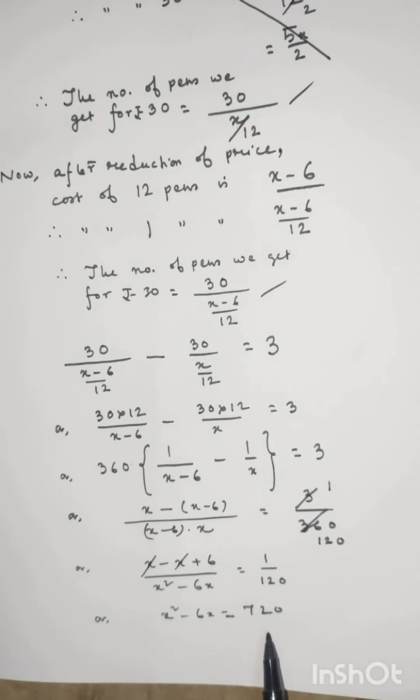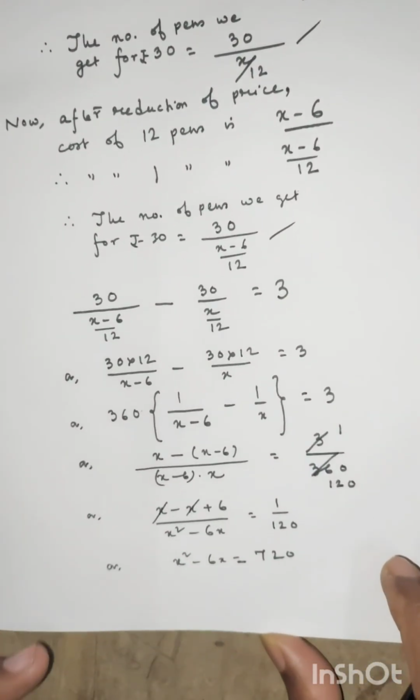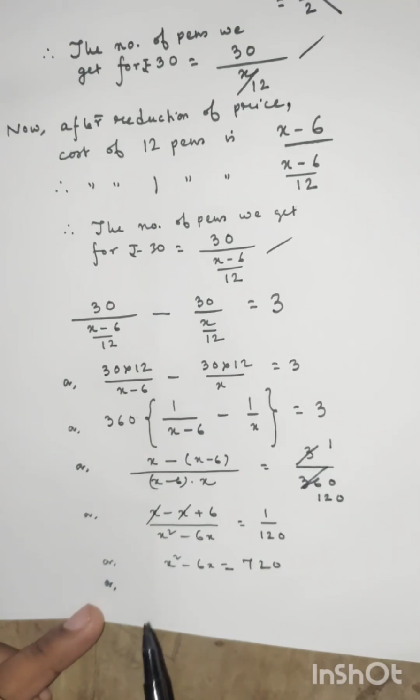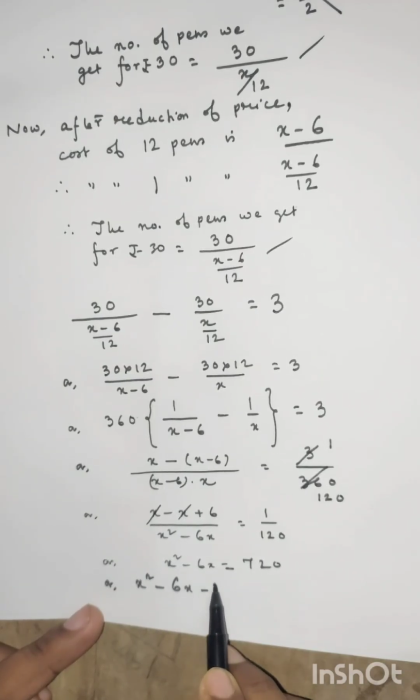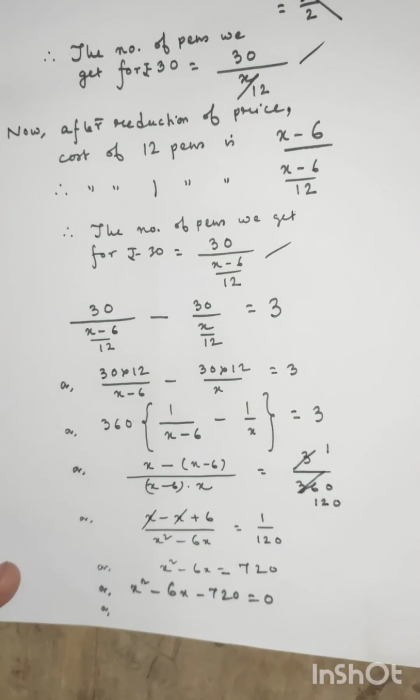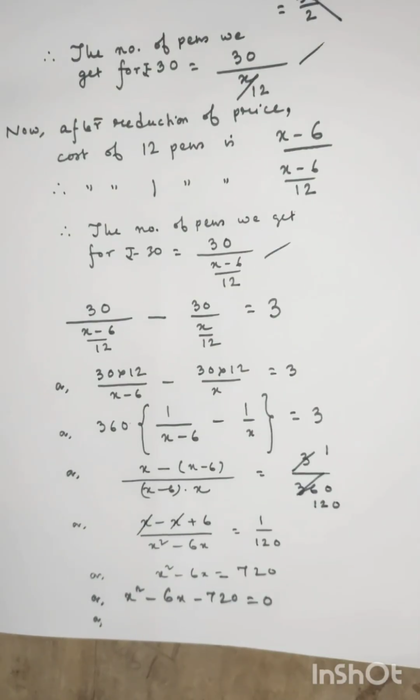Now if we take 720 to the left side, now we are going to break the middle term. So for that we are going to find the prime factorization of 720.